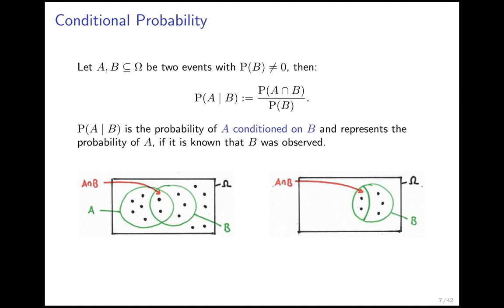And now it's again simply comparing the still possible outcomes with the wanted outcomes. And that's exactly this ratio that we've defined up here. So P, the probability of the intersection of A and B, this one here, that's the wanted outcomes, and this one here, P of B, that's the possible outcomes. And that's how this formula works.